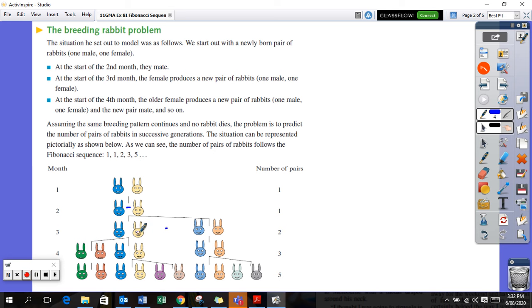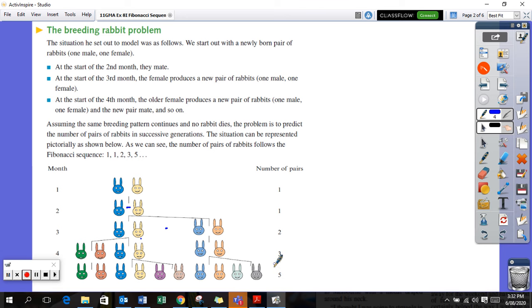Okay, so now we've got 2 pairs of rabbits. At the start of the 4th month, the older female produces a new pair of rabbits, one male and one female, and we end up with 3 pairs of rabbits.